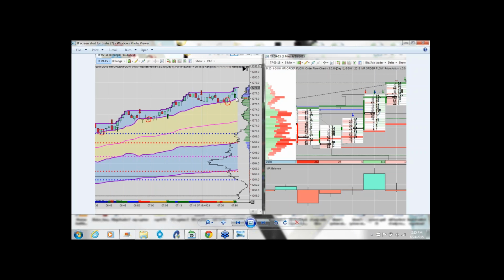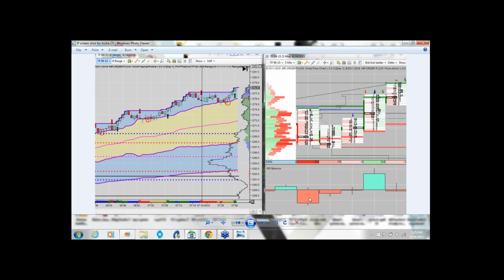Right, absolutely, because you can see on your delta numbers there, you can see them start out real red and then get less and less, to where you're bouncing off that area, and the sellers are almost non-existent. So that's perfect. Yeah, and I love this graphic representation of the delta, because for my brain, your decision has to be so quick, and with all the information that you're processing, for me it's so easy.